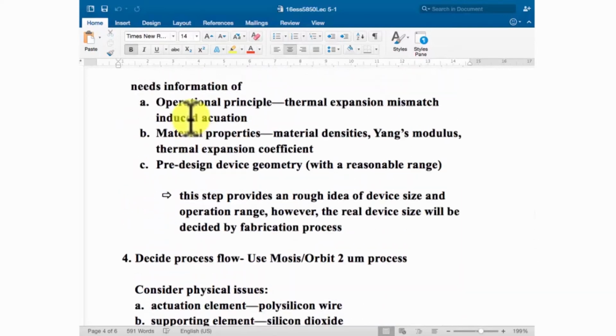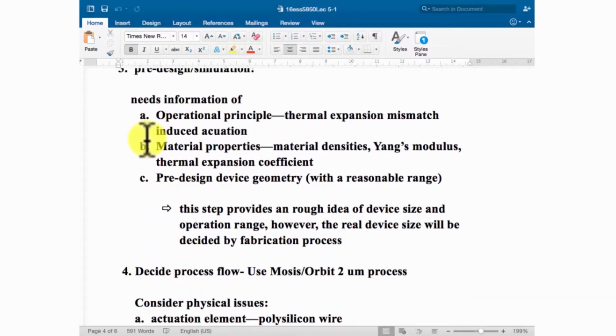For example, you originally have 5 different structures. After the pre-design simulation, you found only 2 or 3 of them are reasonable according to performance. So you select these 3 as your final candidates, okay?